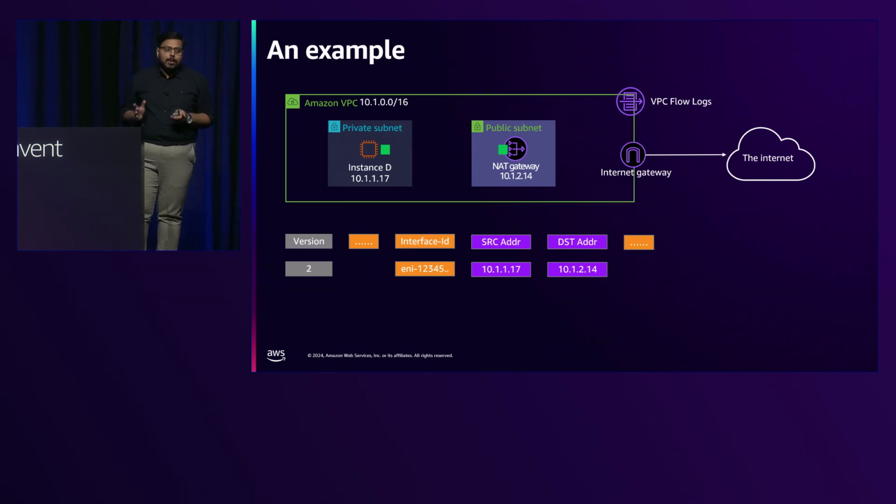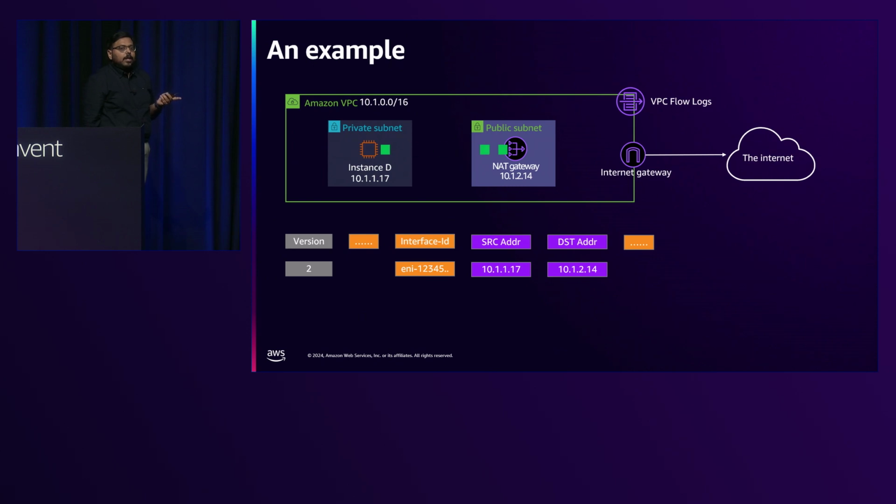So because you want to know the destination address in the internet, you will need to enable flow logs on the NAT gateway, and then once you start getting those flow logs from the NAT gateway, you will need to correlate both of these flow logs to figure out where the traffic is going in the internet.